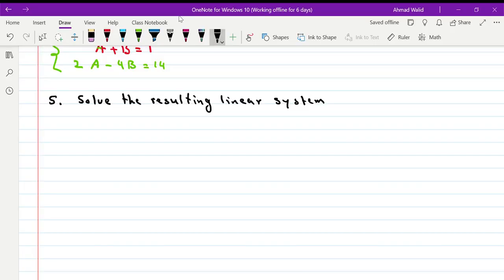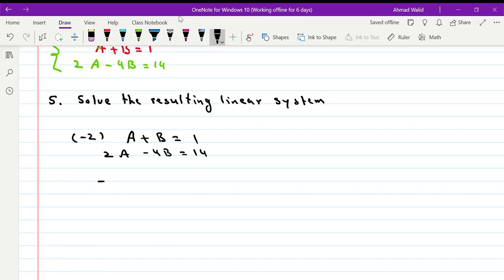What do we have? What's our system? A plus b equals 1 and 2a minus 4b equals 14. To solve this system, I have to multiply equation number 1 by negative 2 to cancel A, or B with 4, right? Whatever you like. Negative 2 is easy.